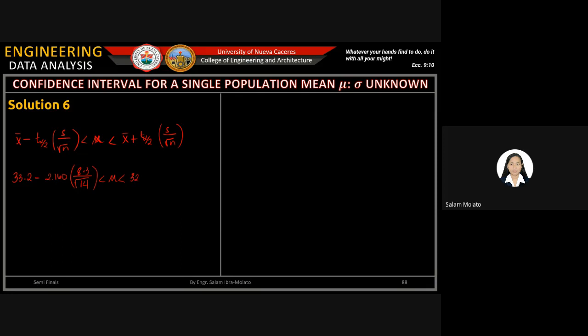So, 33.2 plus 2.160, 8.3 over the square root of 14. So, therefore, ilan yung lower and upper limit natin? Please compute.